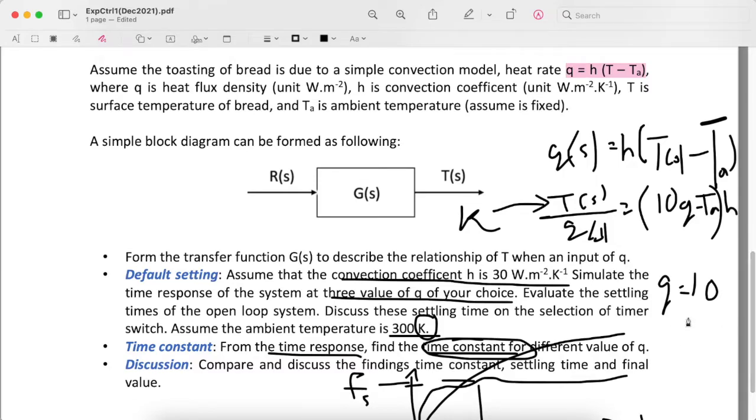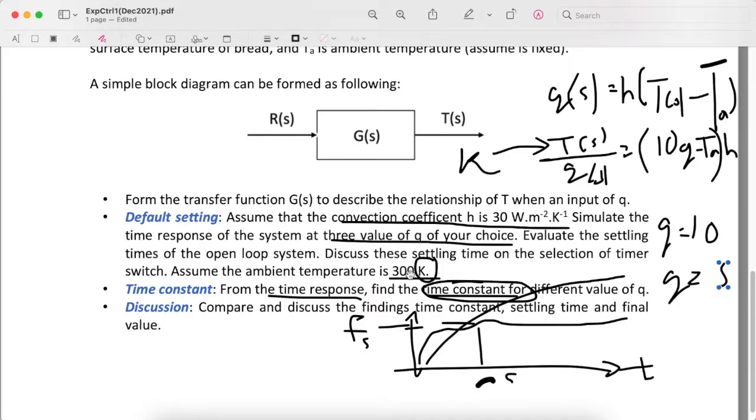So you increase the Q, maybe to 50 or 100, pick a number. Then you check again what is the final value, the time constant, and the settling time, and see whether it's reasonable or not.